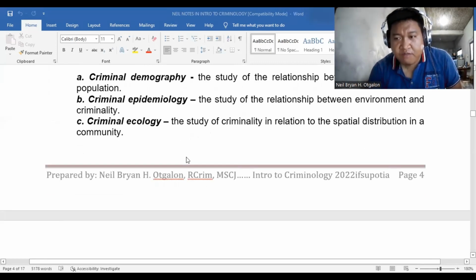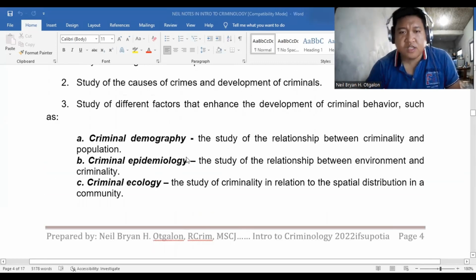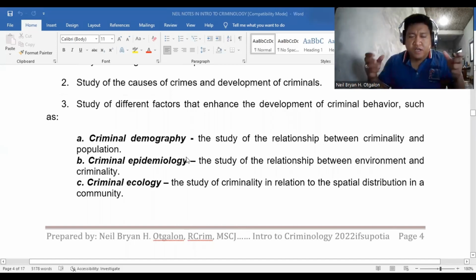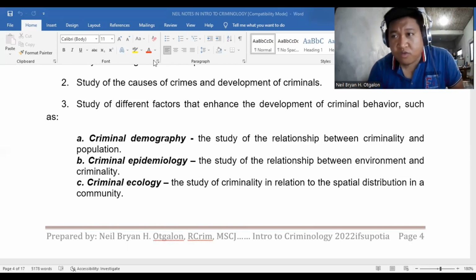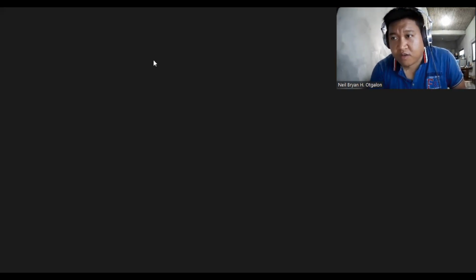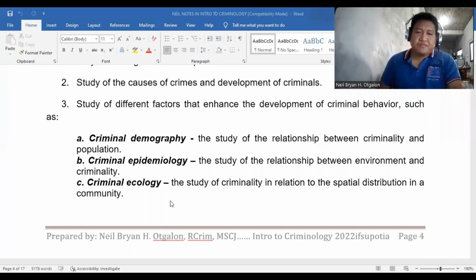So we have here criminal demography. This is an example of a study in criminology under the scope of the development of criminal behavior. Because if we understand criminal behavior, then at least we know the next step and what plans and techniques we should use in order to control its commission.